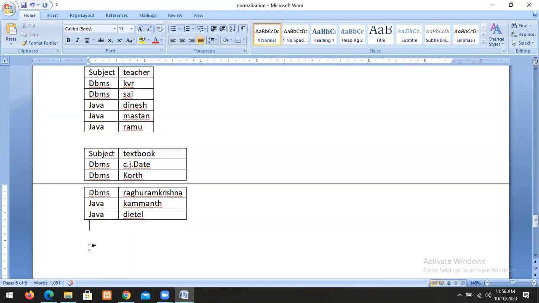That's why the above relation is in fourth normal form, because there is no multi-value dependency.